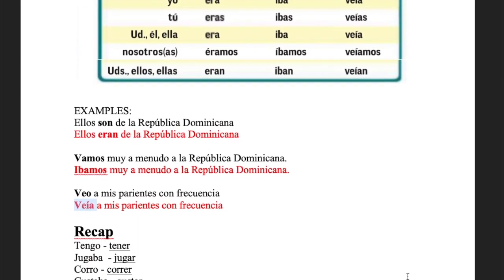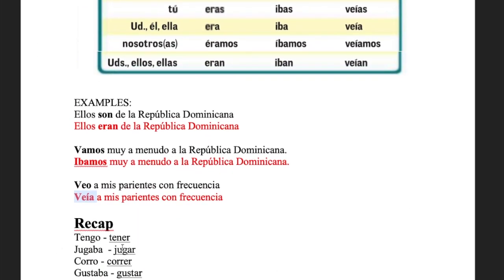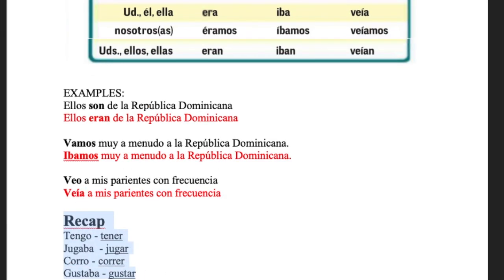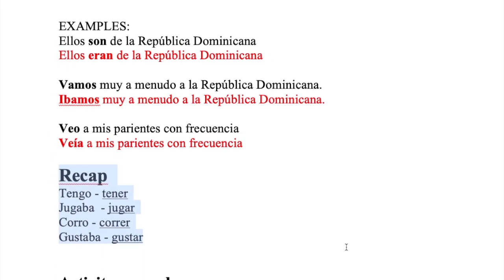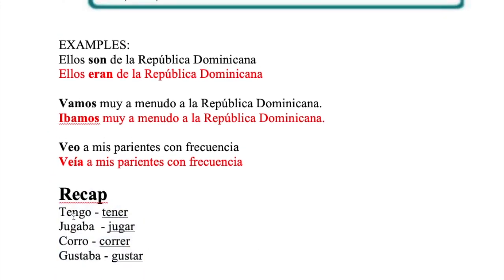A little recap, okay? So let's look at this right here. On your activity sheet, when you see the word tengo or jugaba, corro, gustaba, and then I'm asking you to conjugate it. If you look at tengo, you're not going to find a chart where it has tengo, okay?